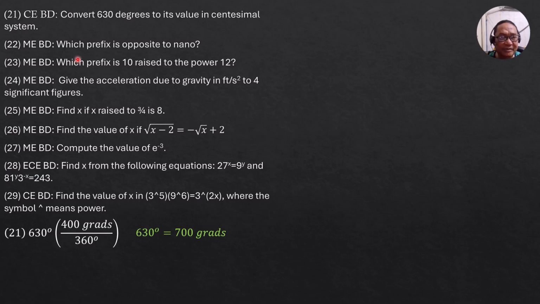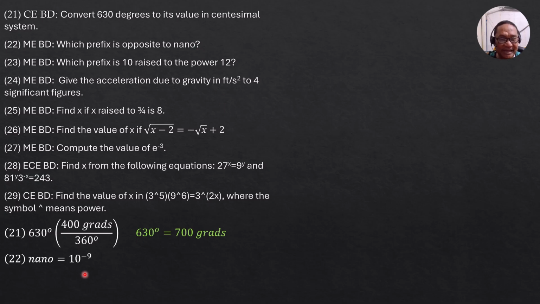Problem 22, this came out in Mechanical Engineers Board exam. Which prefix is opposite to nano? So nano is 10 to the negative 9, and the opposite should be 10 to the positive 9. So that would be giga. That's giga.